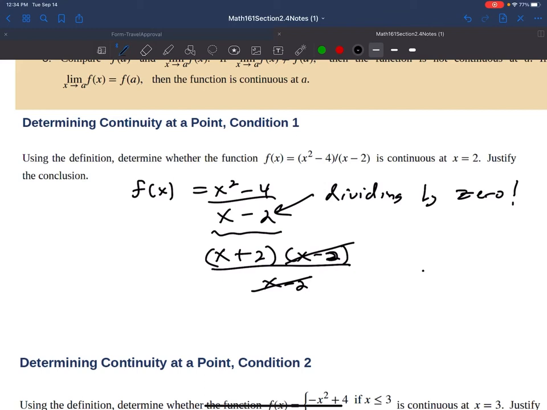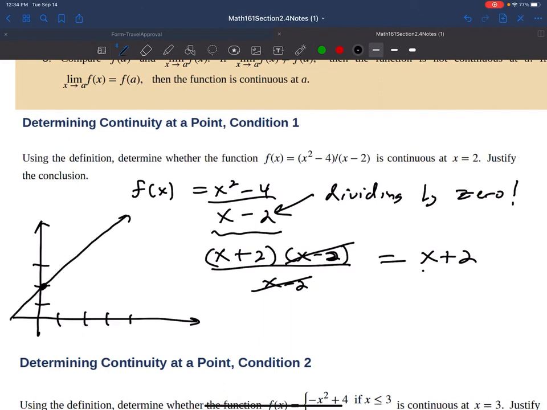So this function is actually algebraically equivalent to x plus 2, which basically means that what this graph will actually look like is if I graph the line x plus 2, it actually has a y-intercept of 2 and a slope of 1. That's roughly what my graph looks like. That's the picture of the line y equals x plus 2.